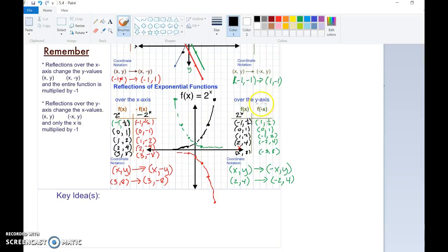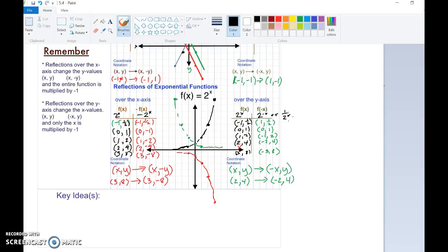Not the negative f of x, but the f of negative x. So that means that wherever there's an x, we put a negative value. So it'd be 2 to the negative x power. Okay? Or 1 over 2 to the x power. Either one of those works, but it's the 2 to the negative x that is really what we're doing.